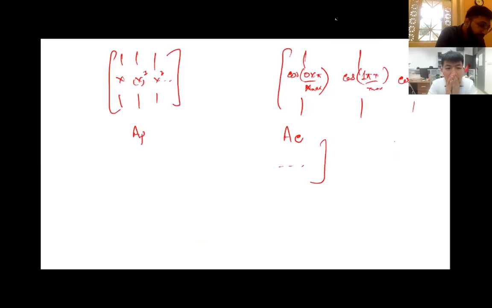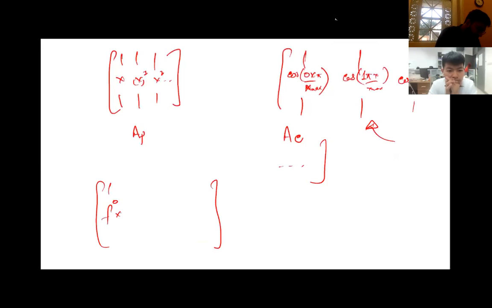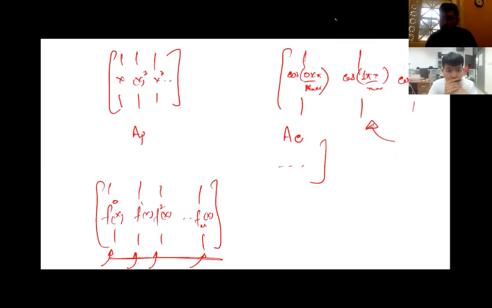Again, you can have any basis here, any function of x. So in general, you can have f0 of x, f1 of x, f2 of x, and up till fm of x. As long as these f's are linearly independent of each other, we are good to go.